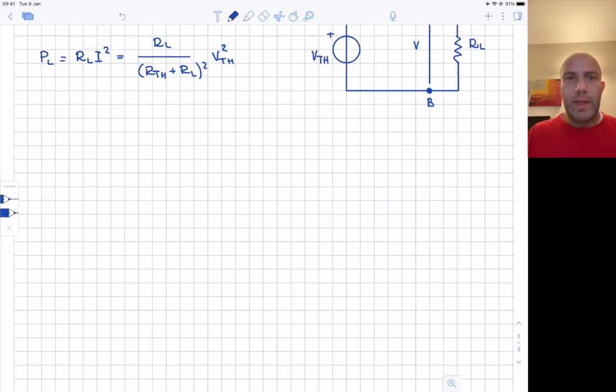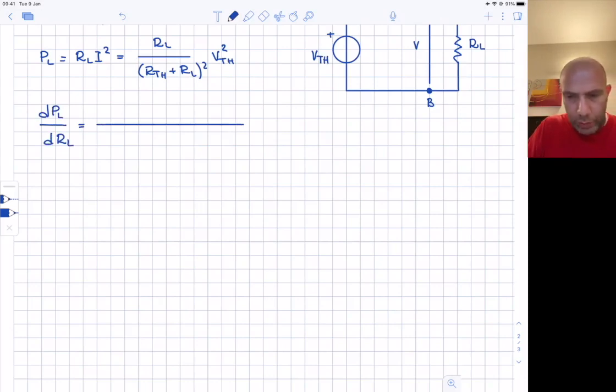If we want to investigate when the value of the power is maximum, we have to calculate the derivative of the power with respect to the load resistance. And the formula is the well-known formula of the derivative of a ratio. So we have to square the denominator, RTH plus RL to the fourth power.